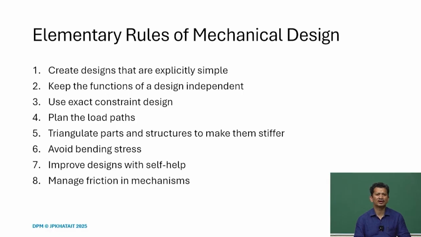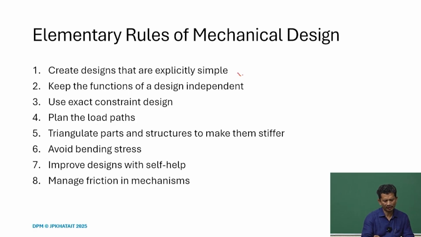These are the elementary rules of mechanical design, which will be equally applicable when we are designing for precision. We will first go through these elementary design rules one by one and try to understand why they are there, and then move towards the other design principles which are required for precision.